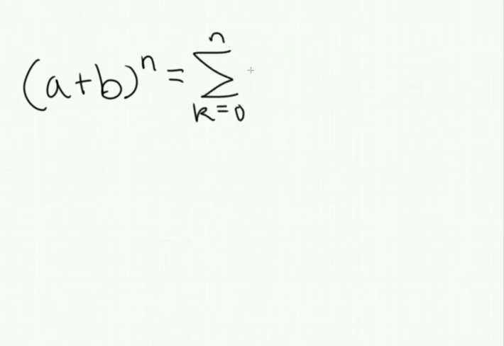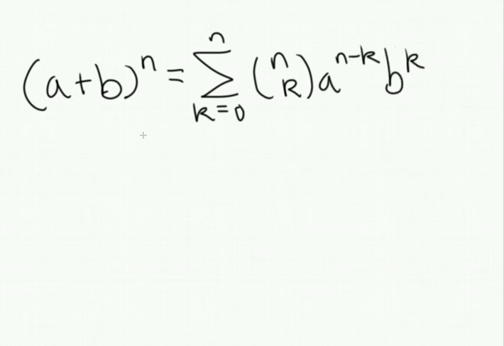Going back to the binomial theorem, which is (a + b)^n equals the sum from k equals 0 to n of n choose k, a^(n-k), b^k, we need to find an a and a b such that a^(n-k) times b^k equals 1.